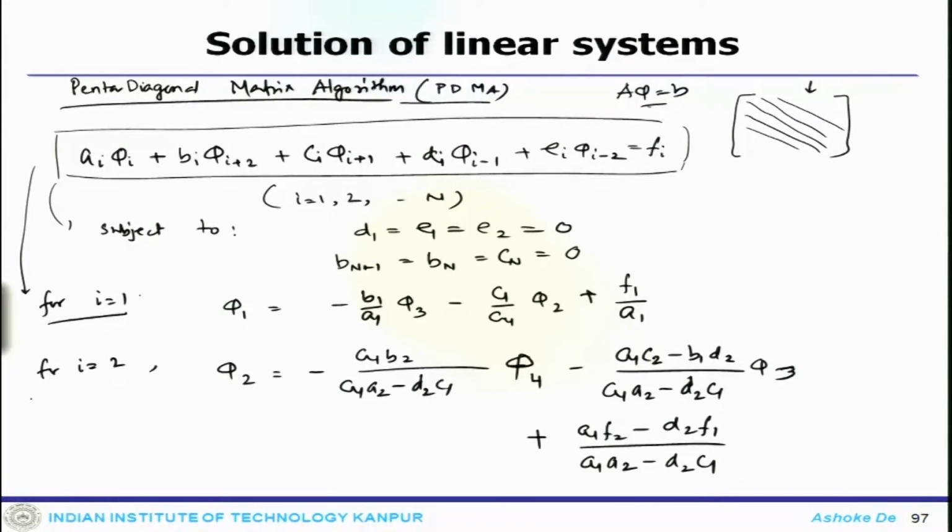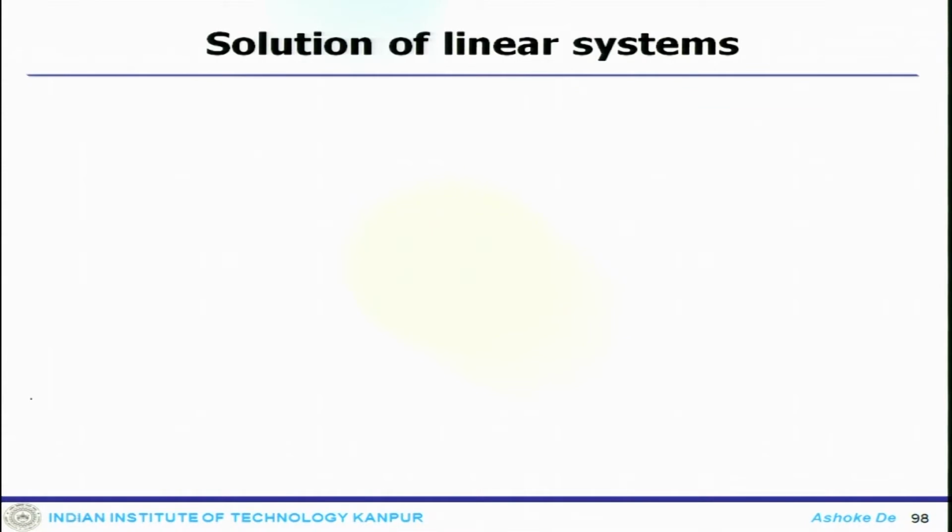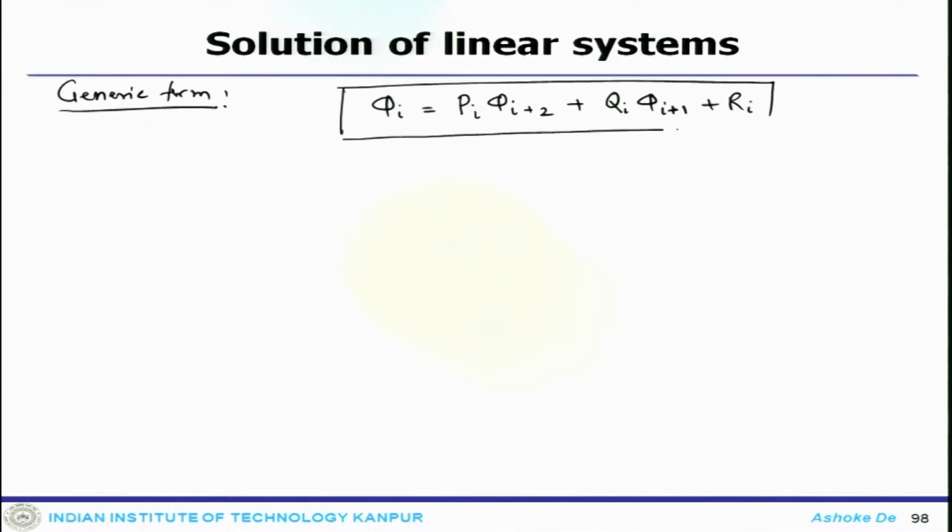So, if one proceeds this way, one can write a generic expression for phi. In generalized form, one can write phi i equals Pi phi i plus 2 plus Qi phi i plus 1 plus Ri, which goes for a loop i equals 1, 2 to n.